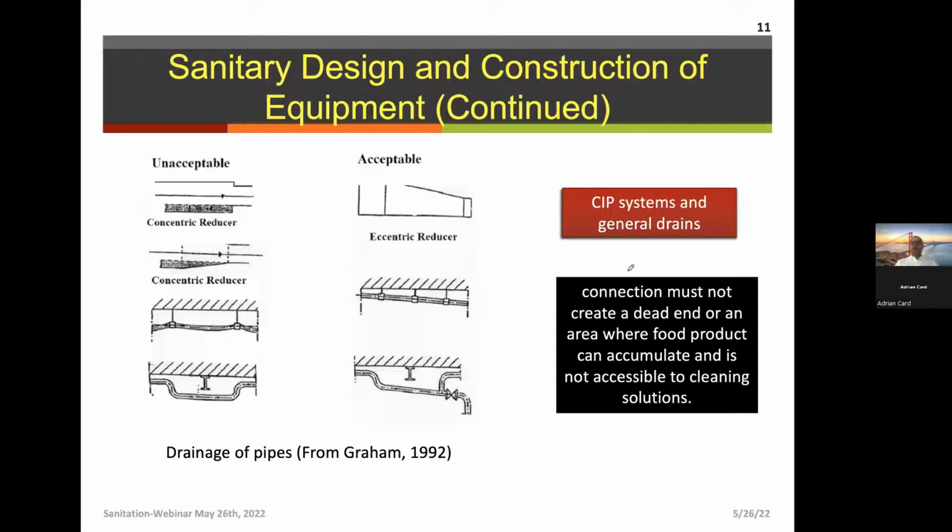If we also talk about CIP systems, clean-in-place systems, right? Which is different, because we are bringing materials to clean in that area, or we are treating these materials in that specific location. We need to be able to prevent these centric and concentric areas, because here is where all the accumulation of the product is going to happen.